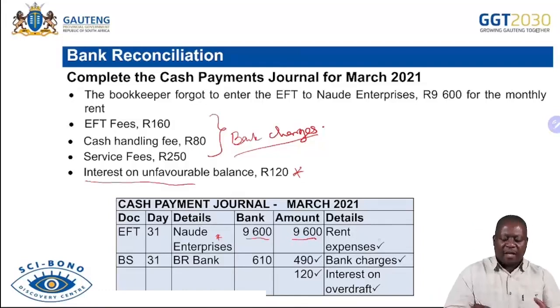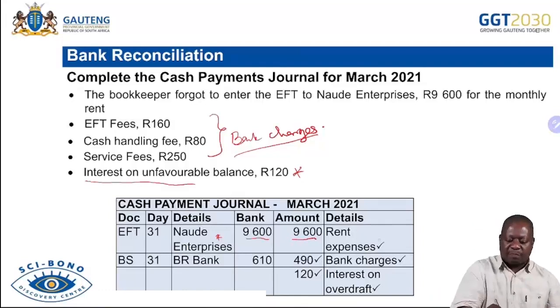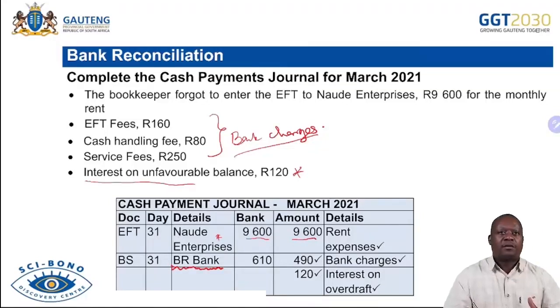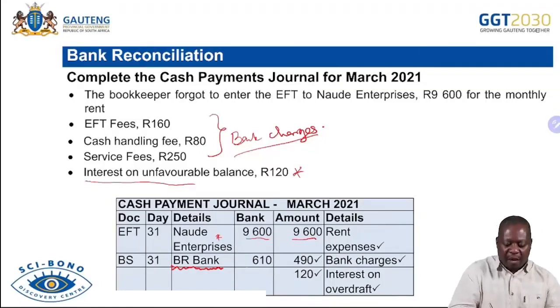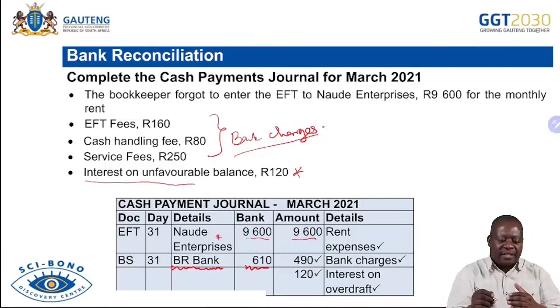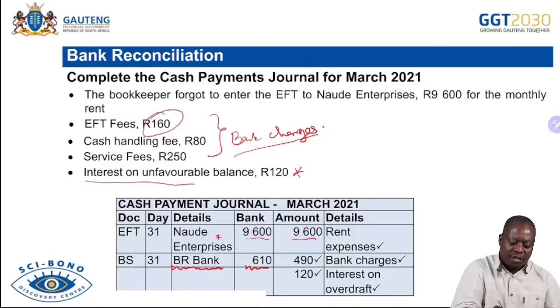But for the payments that follow, we are going to say the source is the bank statement, and the date is given. Who are we paying? We are paying BR Bank. How much? It's going to be 610, which is the total of all these four amounts brought together.